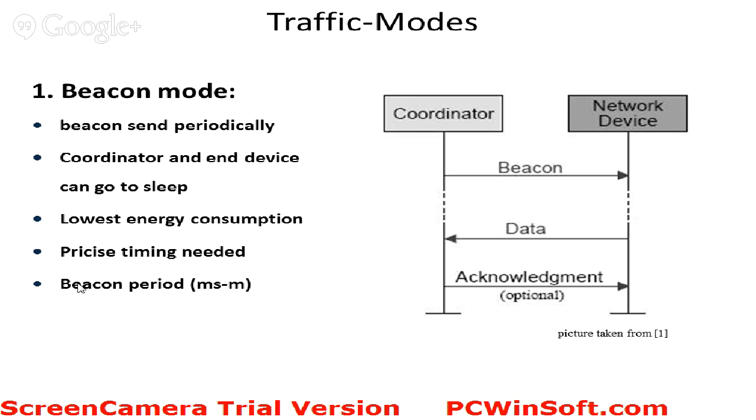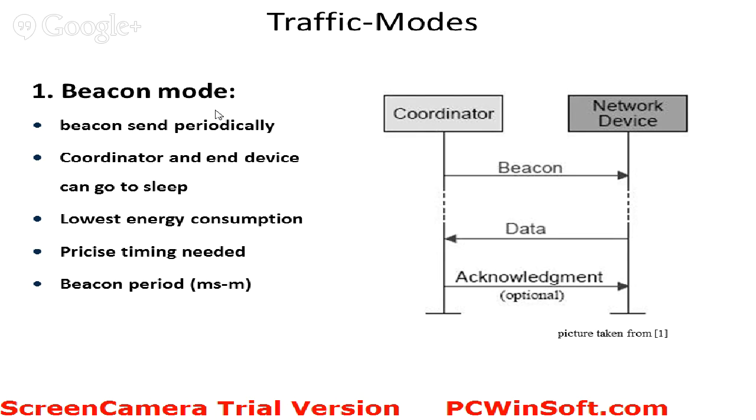Now these are the traffic modes. One typical traffic mode is the beacon mode. This is the case when your coordinator is also battery powered. Usually this type of mechanism is followed when your coordinator is also power hungry.